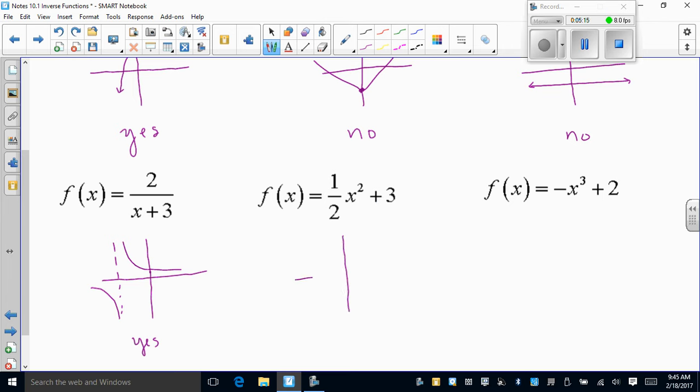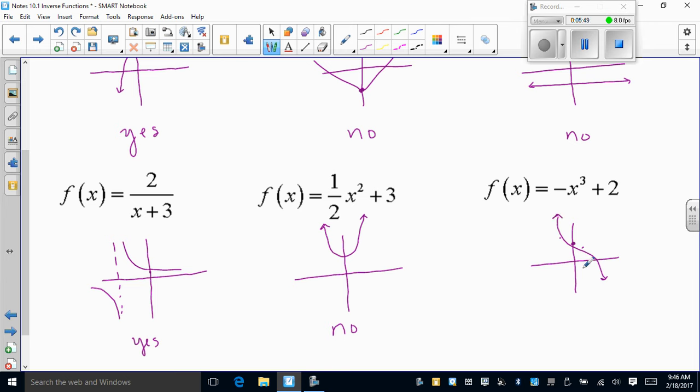So it's doing this bit, probably a little skinnier, but you can easily put a horizontal line through there, and the answer would be no. And then negative x cubed raised up 2. So the vertex that would have been here is here, flipped over the x-axis, so our graph is going this direction. And it does this bit. And again, I can use the x-axis as my horizontal line, and the answer here is yes.